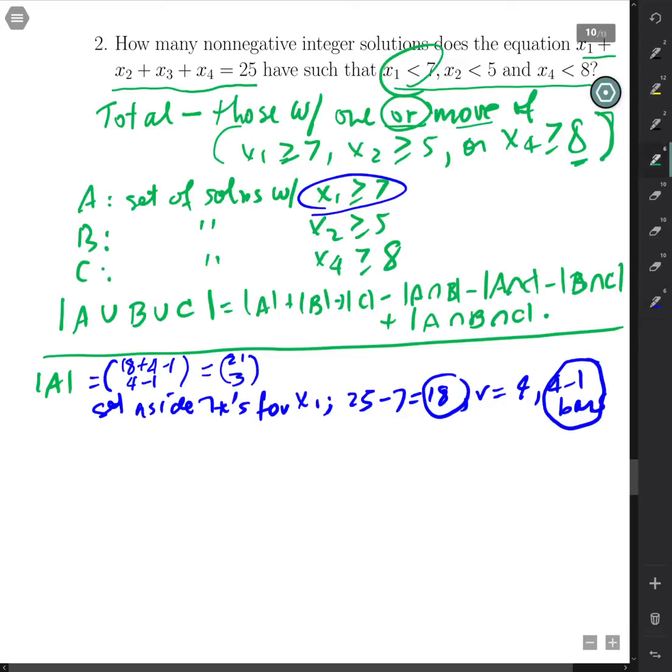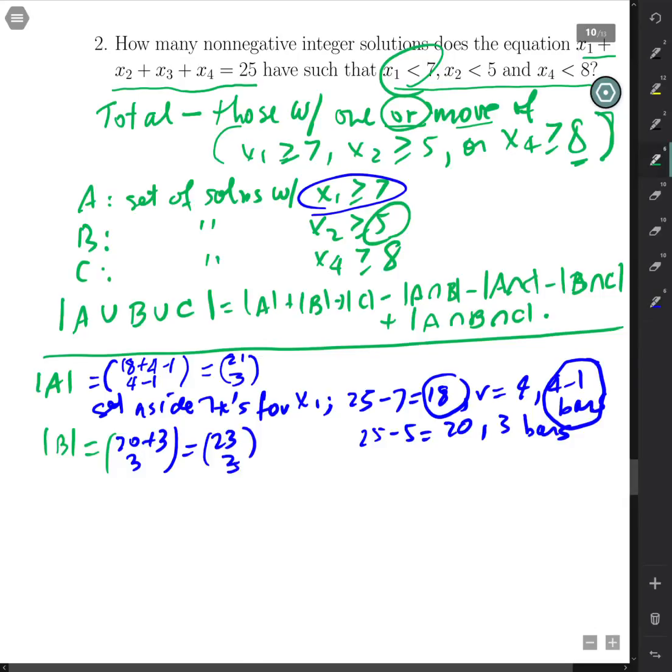B is similar, except now we're setting aside 5 stars. So the set aside will be 25 minus 5, or 20, but we still have 3 bars. For simplicity, I'm not going to write 4 minus 1 every time. I'll just write 3. So this is 20 plus 3, choose 3. So 23, choose 3.